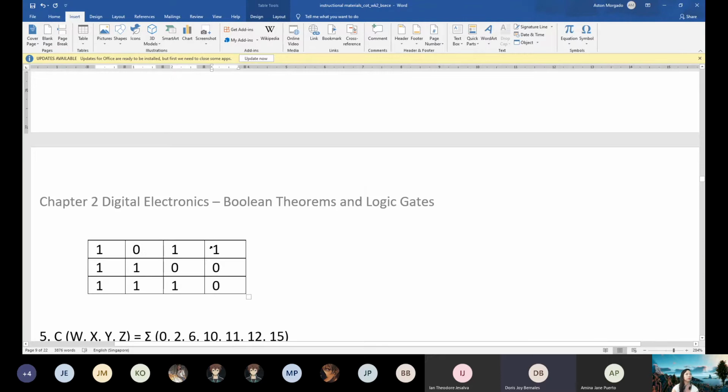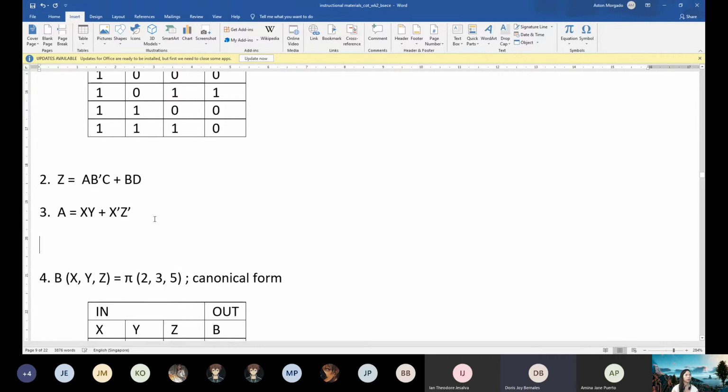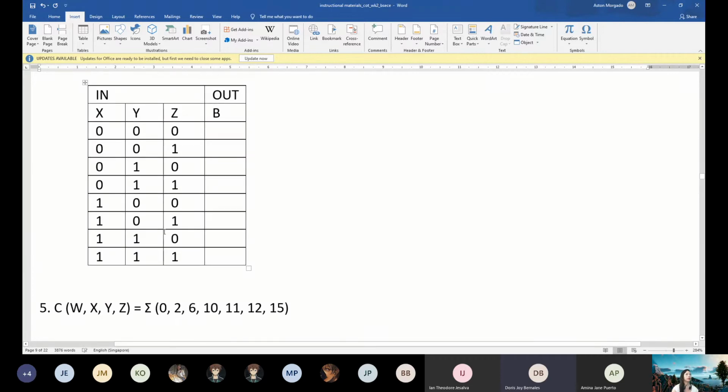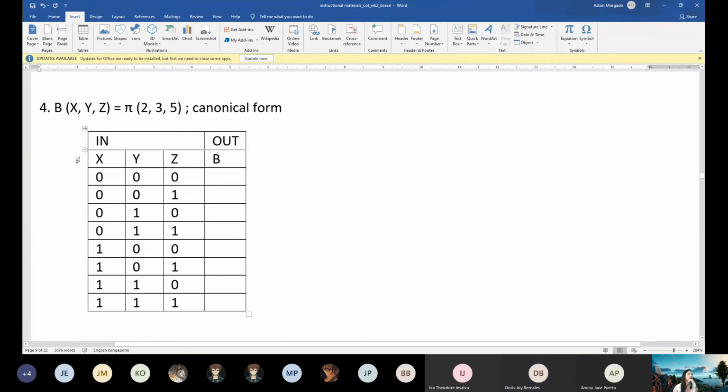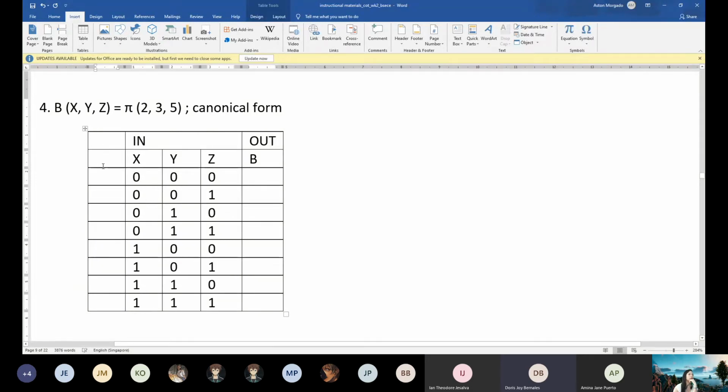Maxterms on number 5. Okay, so we have 2, 3, 5. So what are these? Tawag natin dyan, Maxterms. There are Maxterm numbers, starting from 0, 1, 2, 3, 4, 5, 6, 7.